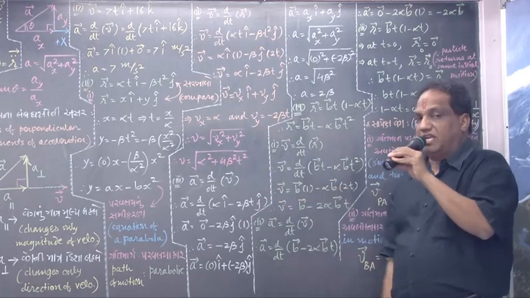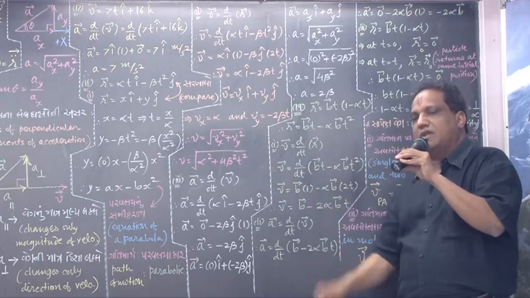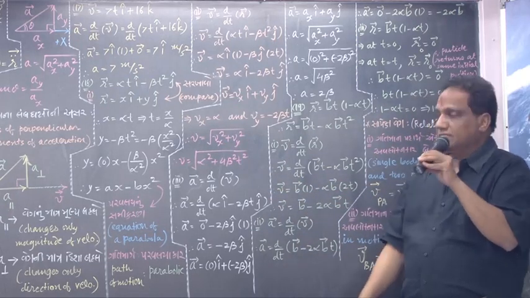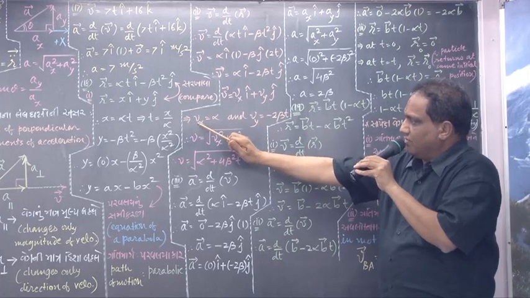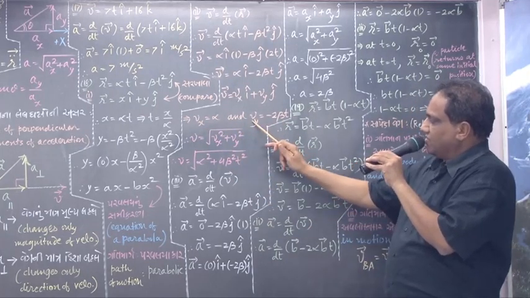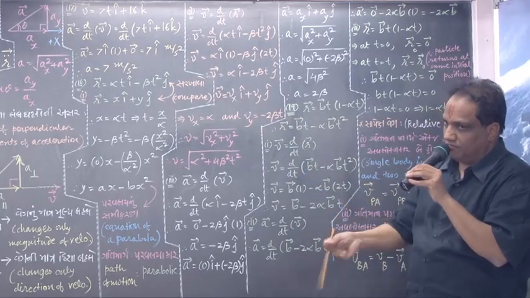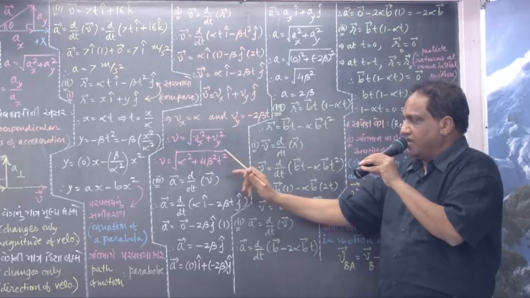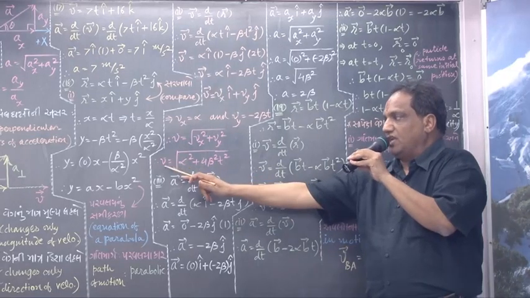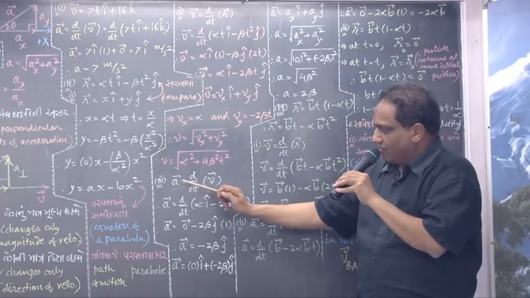But what is V magnitude-wise? Under root of Vx square plus Vy square. Square of this will be alpha square, and square of this will be plus 4 beta square t square. This is giving you the magnitude of velocity. Fine. Now what about vector a?